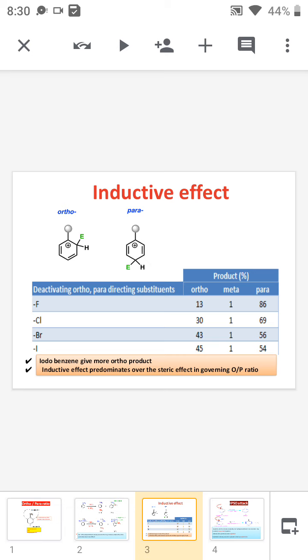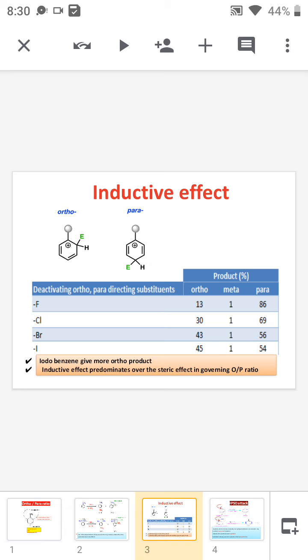We know that iodine is bigger in size when compared to fluorine, chlorine, bromine. But even then the ortho product is more in iodobenzene since it has more inductive effect and donating capacity than any other halogen group.